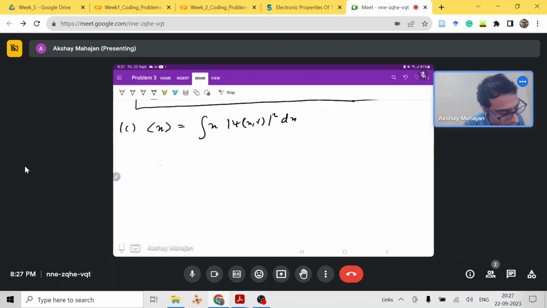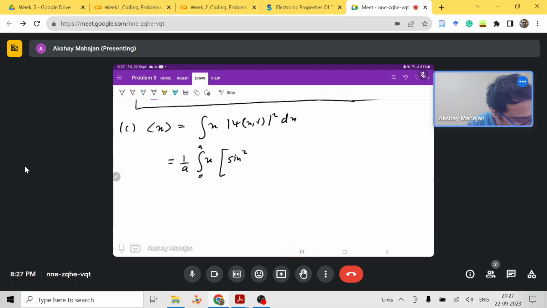Alright, so here we have found this mod of psi x comma t whole square, so you can just do the calculation. The integration will be from 0 to a. Okay, it is an infinite square well from 0 to a, and that's why this oscillation could not be greater than a by 2. That you will see.